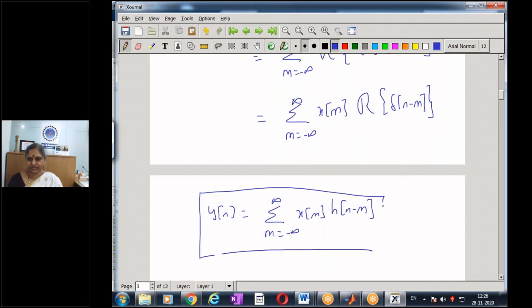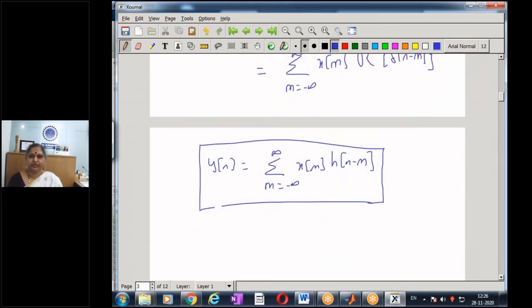So using this summation, we can compute the output of the system for any input x of m given the impulse response. This summation is known as the convolution sum, and the symbol for convolution is written as x of n convolved with h of n.